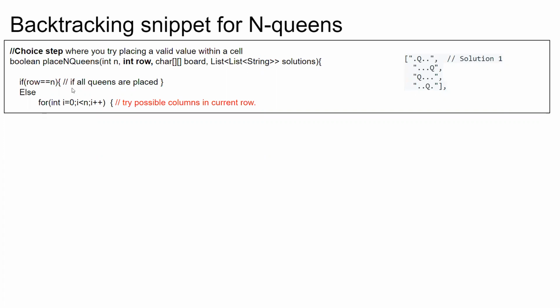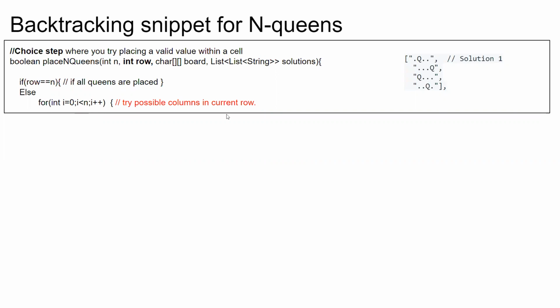So what I'm doing is I'm identifying my base case. If I'm done with placing all queens, then that's good. That's where I stop. But otherwise, this is where my choice step is. In every row, I have n potential placeholders for putting the queen, right? This is essentially the column index.